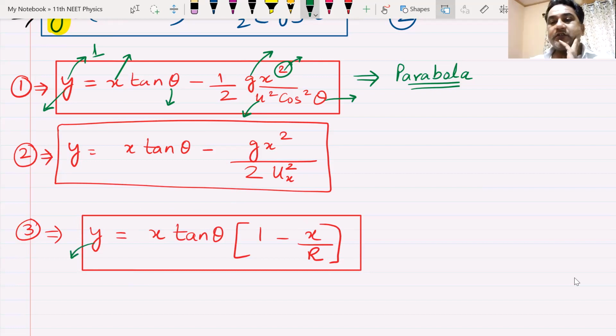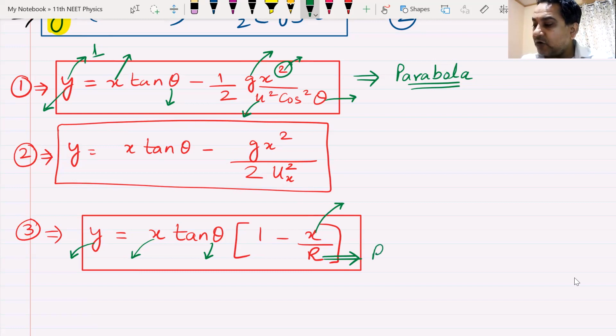y stands for the y coordinate of the particle. x stands for the x coordinate of the particle. Theta stands for the angle of projection, which is the angle it makes with the x-axis. x again is the x coordinate. What does R stand for here? Anyone?